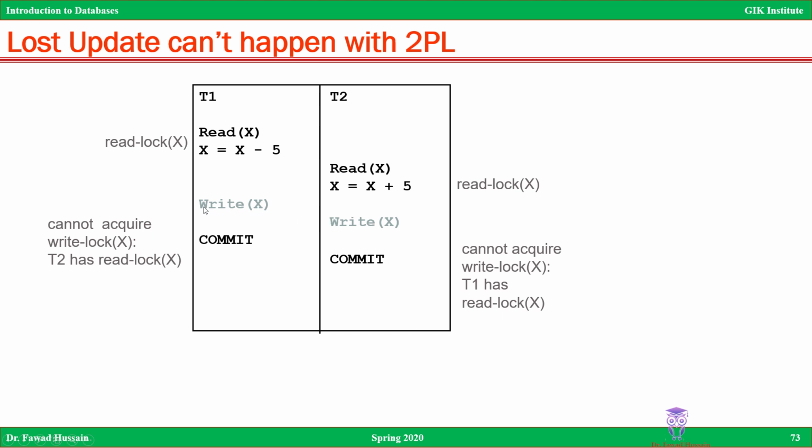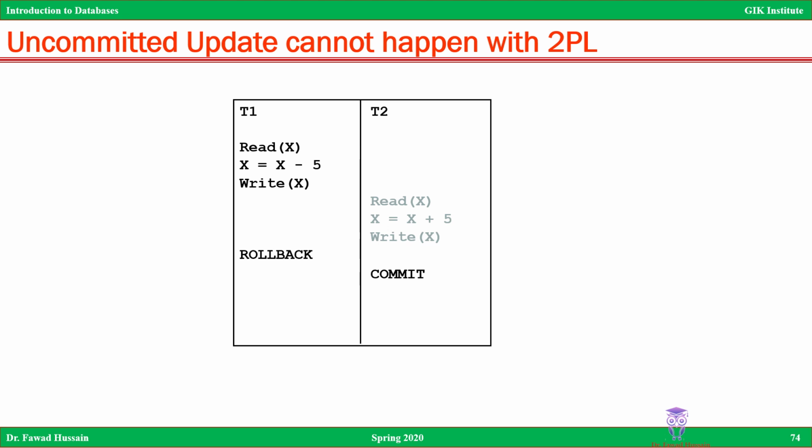Whatever T1 has written for X, that value would have been lost, and because T2 comes later, whatever it writes for X would be the updated value present for the table X.